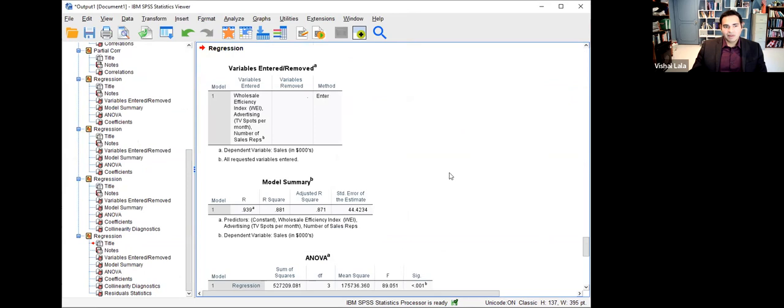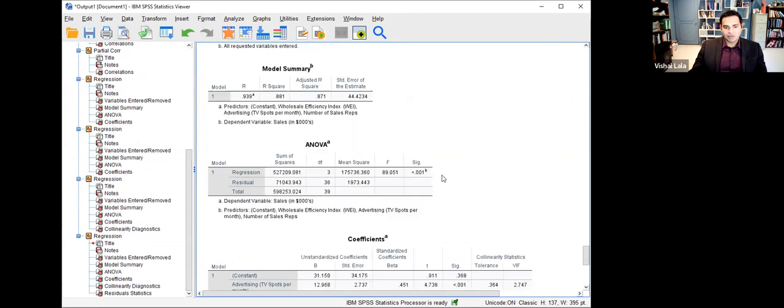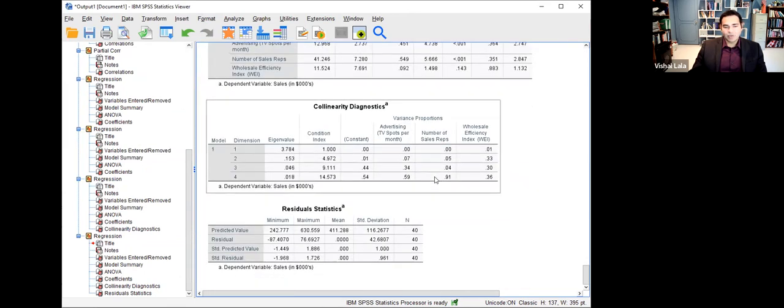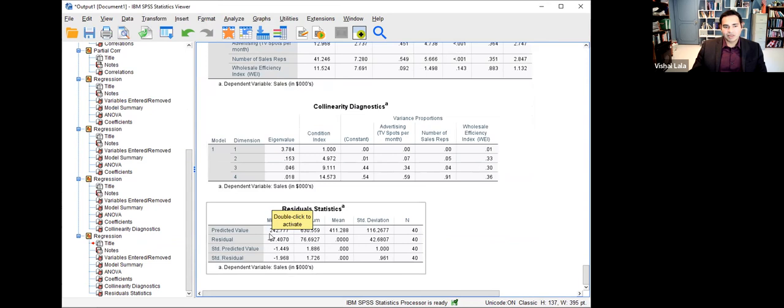If you look carefully at the output from running this regression analysis, the output is pretty much the same. The only additional information is we have a box of residual statistics. Now, if you look at this table, you'll note something very interesting. We have a row for residual in here, and bear in mind, residual is the error.